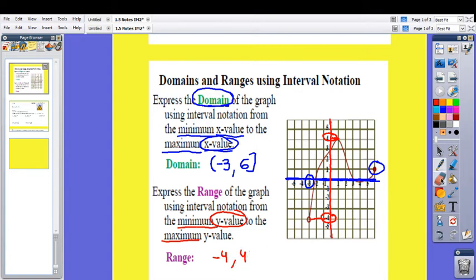Now all we need to decide is, are those filled or not? You can see -4 is an open endpoint, so it's not the solution. And when you come here, it is a solid line, that means 4 is part of the solution, so you put a bracket there. Okay.